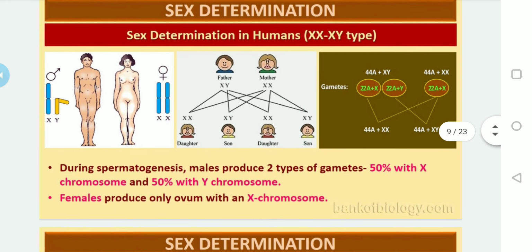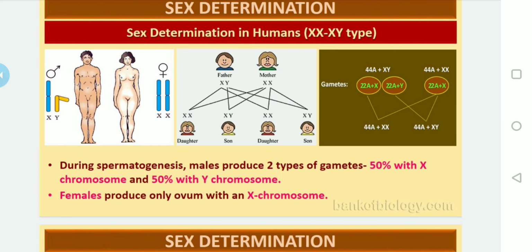This is exactly how a pair of X chromosomes is present in the female, whereas the presence of X and Y chromosomes determines the male characteristics. During spermatogenesis among males, two types of gametes are produced.